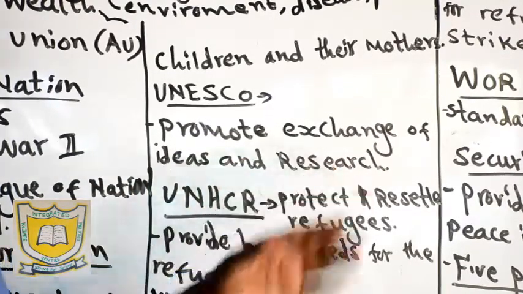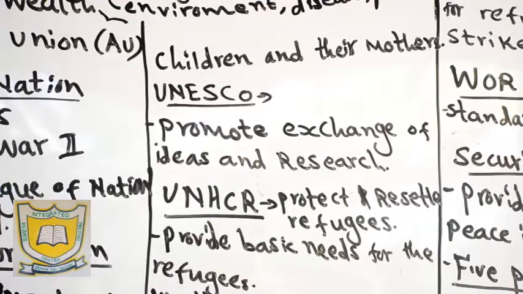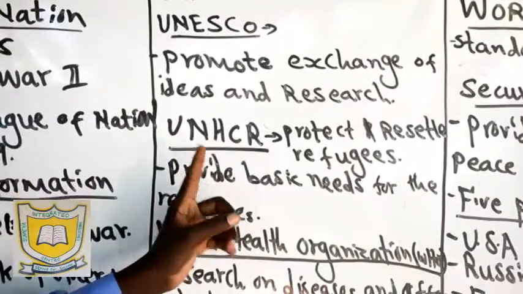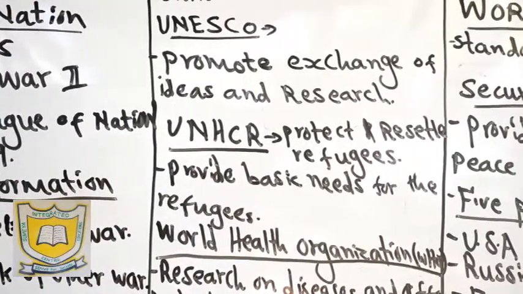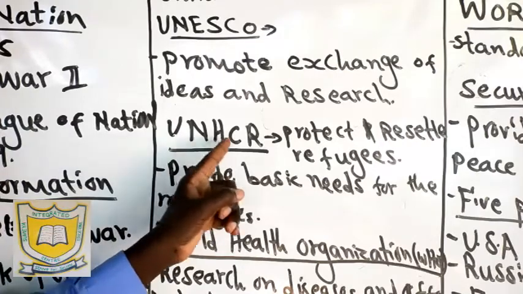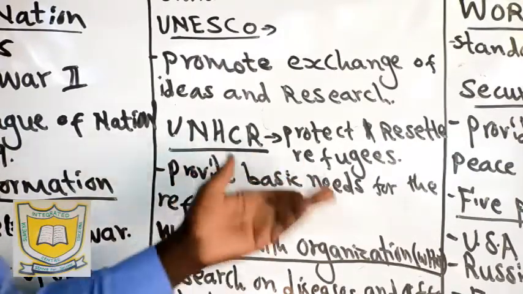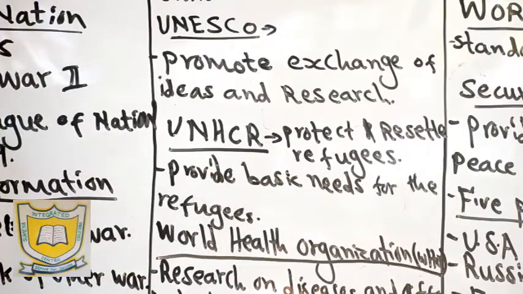So that is what we call UNESCO. Then we have UNHCR. That one means United Nations High Commission for Refugees. So this one protects and resettles the refugees.